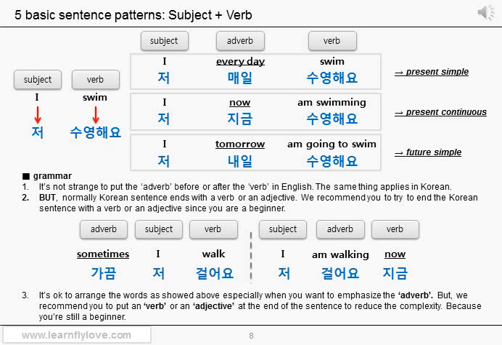Tomorrow is 내일, 내일 in Korean. I, 저, tomorrow, 내일, am going to swim. 수영해요. 저 내일 수영해요. Yes, even though we use the same 수영해요, we can mean the future tense without a problem. People will not find any flaw.